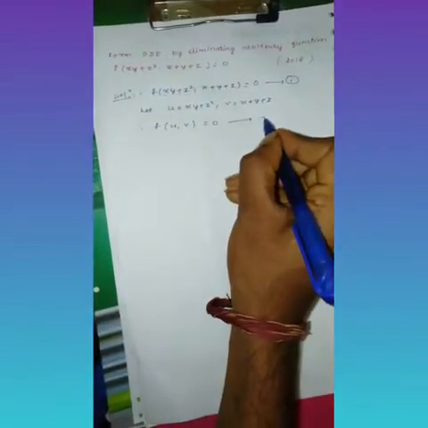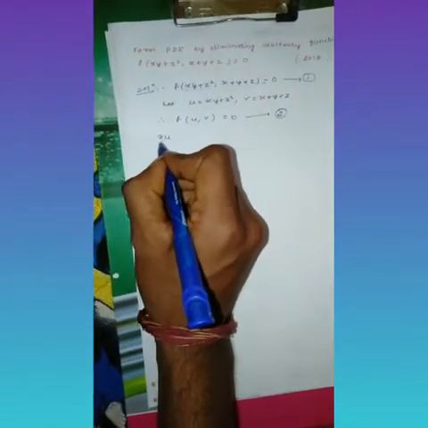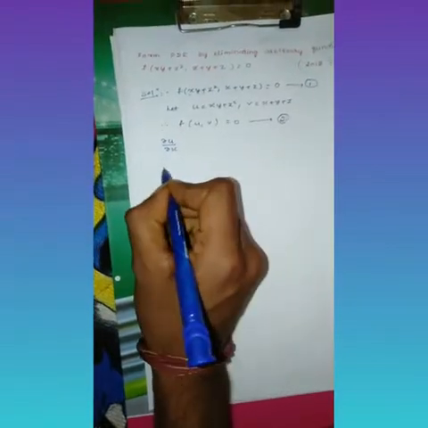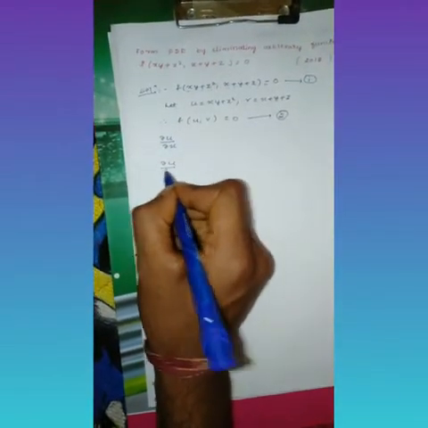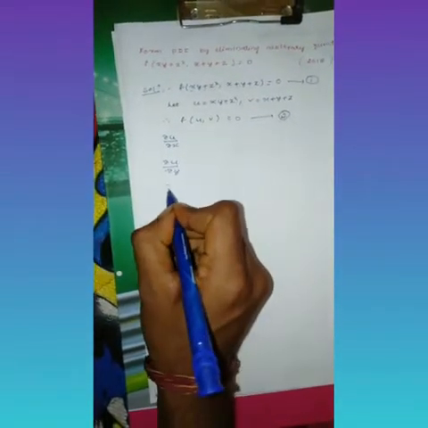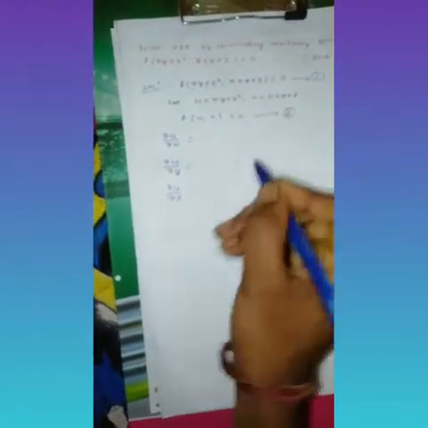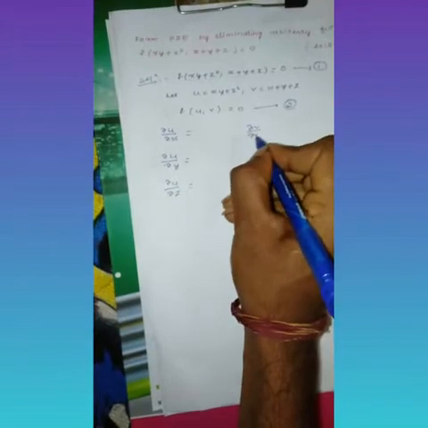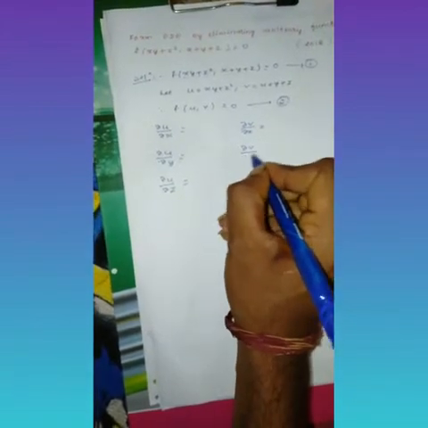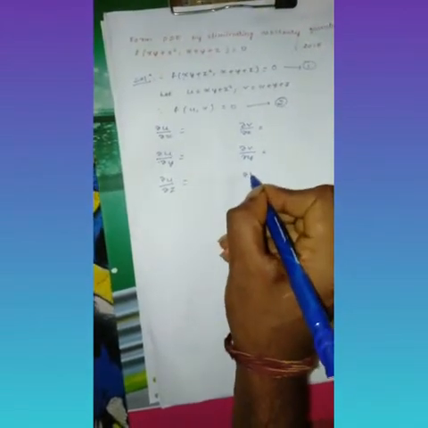This is considered as equation number 2. Now we have to find dou u by dou x, dou u by dou y, dou u by dou z, and similarly dou v by dou x, dou v by dou y, dou v by dou z.